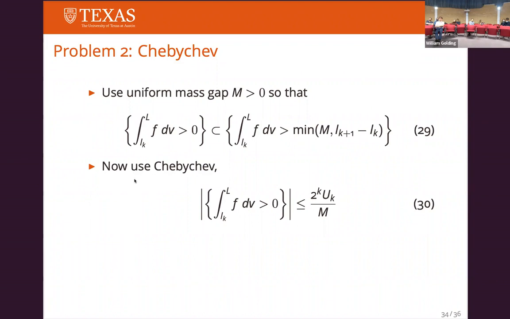What we actually need is a mass gap. We need to assume that we don't have any of these vacuum regions where the two curves touch, to be able to actually use the level set size to get back to the control point.